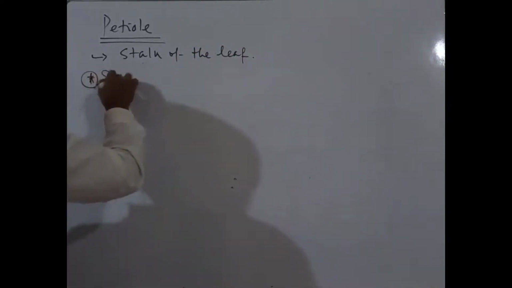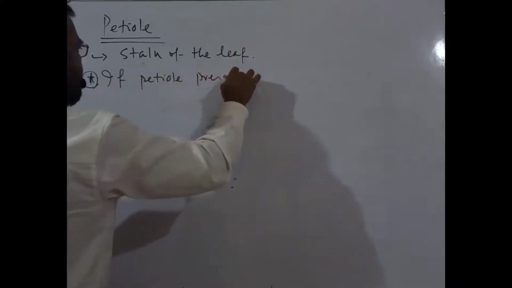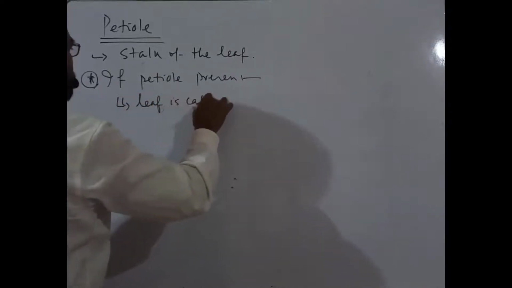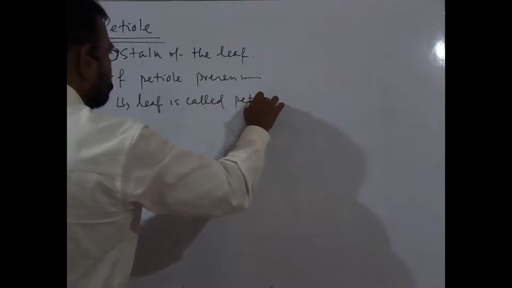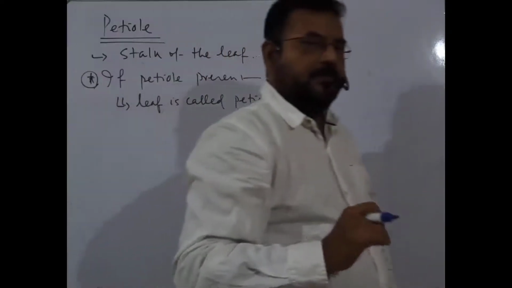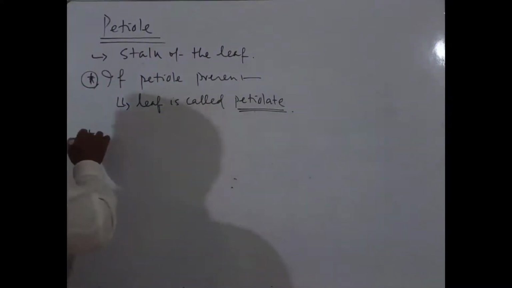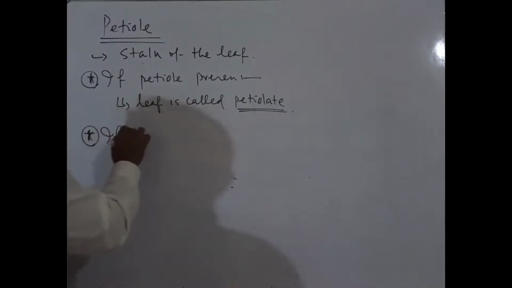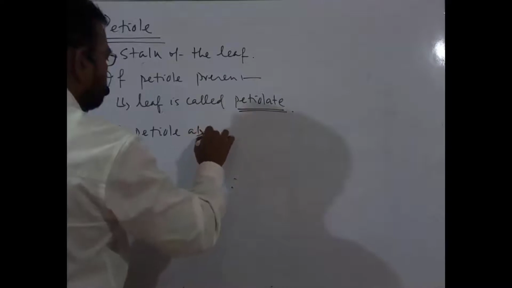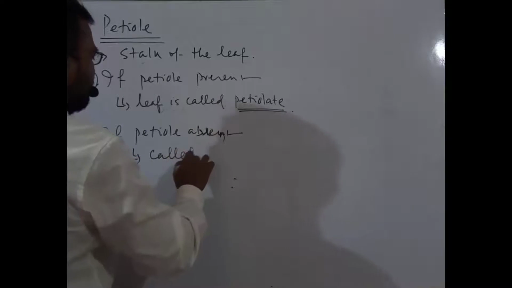If petiole present, अगर लीफ में पेटियोल होता है, then leaf is called petiolate. अगर पेटियोल होगा तो लीफ को बोलेंगे पेटियोलेट लीफ। अगर पेटियोल एब्सेंट है, if petiole absent, then called as sessile leaf.